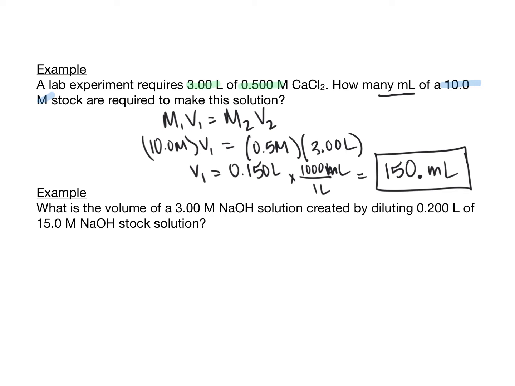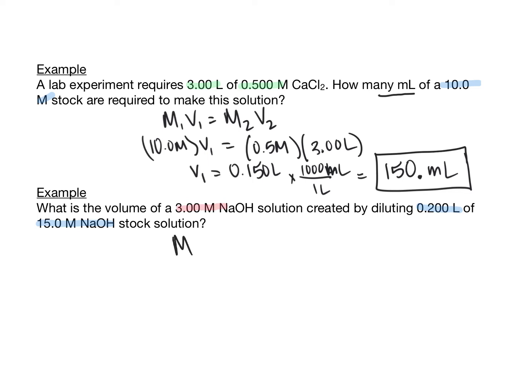So in this case, what is the volume of a 3 molar sodium hydroxide solution created by diluting 2.2 liters of 15 molar? So in this case, we are going to create M1. We're going to identify those. So we have 0.2 liters of a 15 molar. And the other component is this.